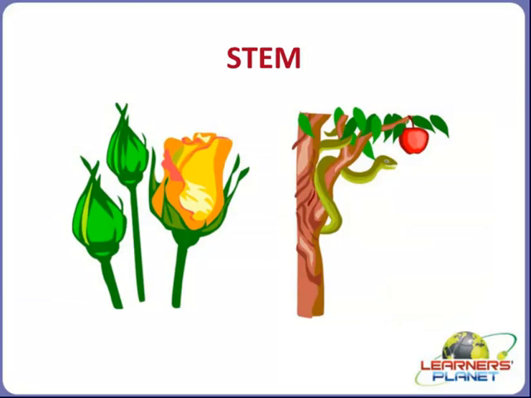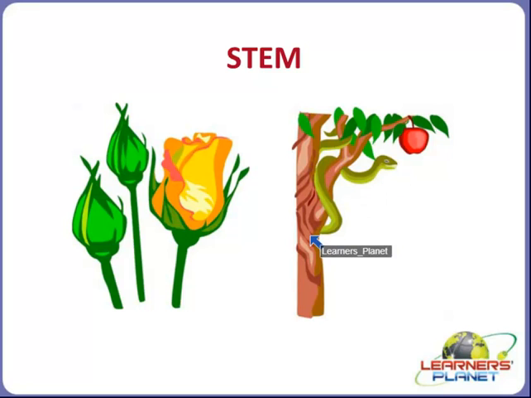The fifth part of a plant is called a stem. It is the part of the plant that carries water and food to all other parts of the plant.